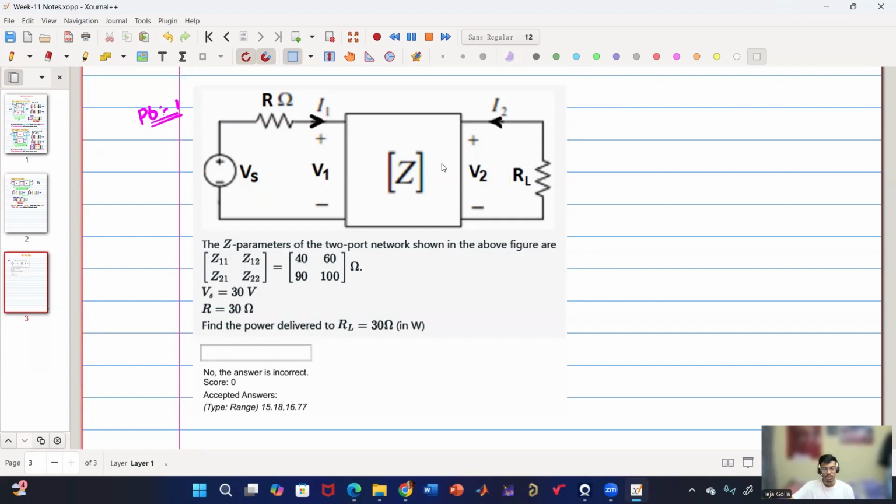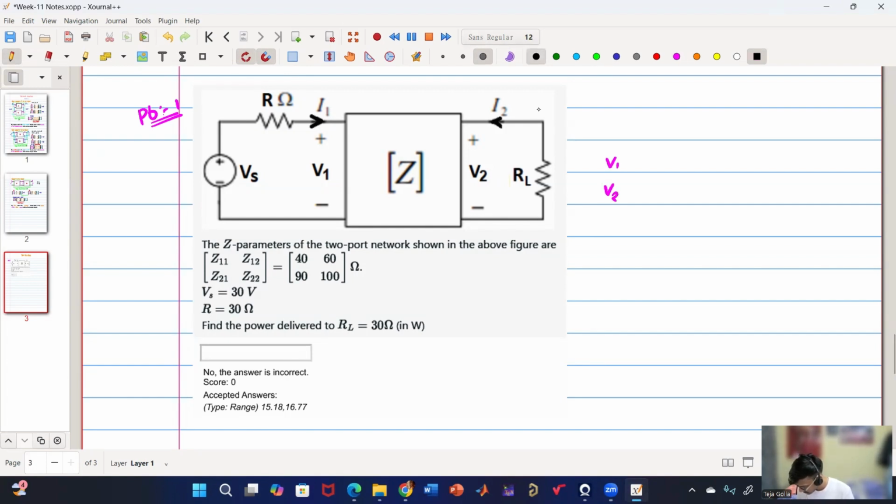Okay. Yes, sir. So let us write the Z parameter expression first, because I know V1, V2 and I1, I2 are related by the Z matrix. So let me first quickly write whatever we know.